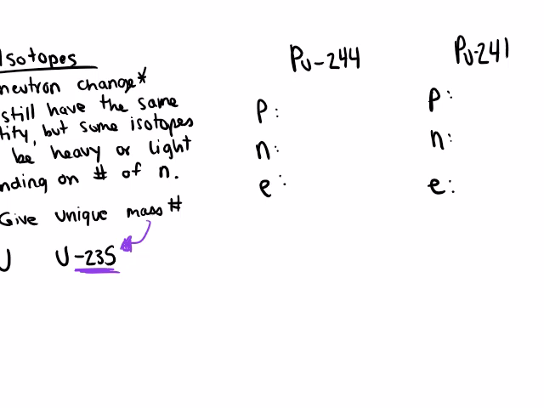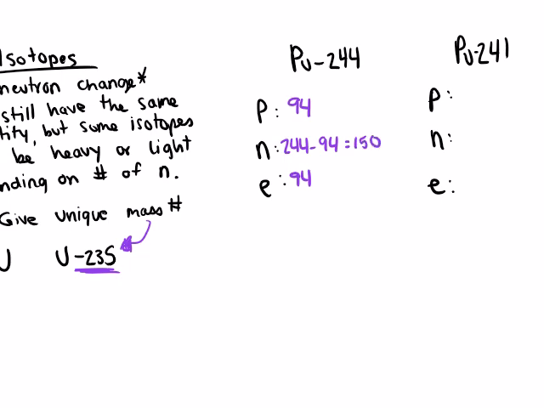It's actually number 94, plutonium. So when I'm trying to find the number of protons, neutrons, electrons, the easiest one to always find first is the protons. So 94 protons in plutonium 244. There's no charge on our plutonium symbol like we were working with. So that also means I have 94 electrons. And just like we were doing before, mass number minus the atomic number is going to give me my number of neutrons, which is 150.